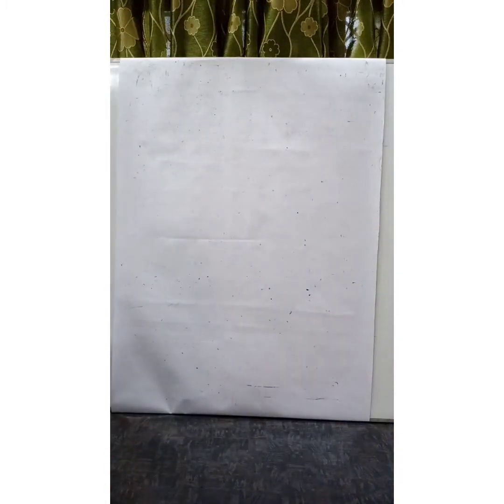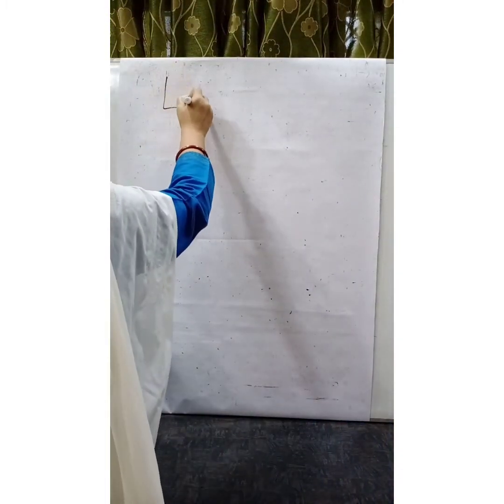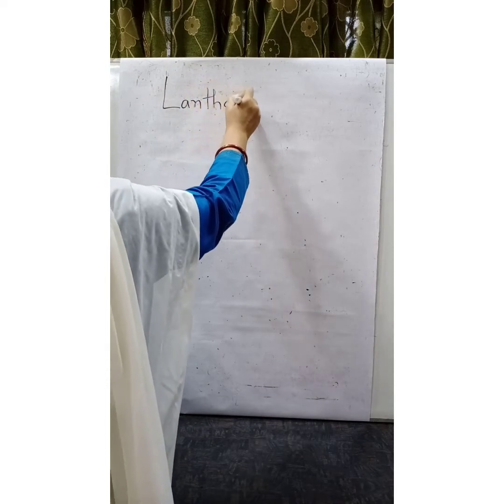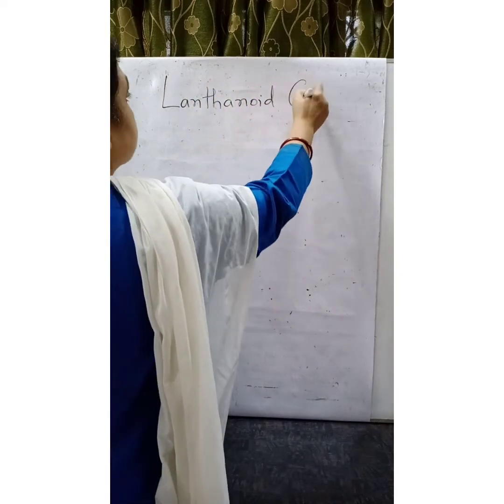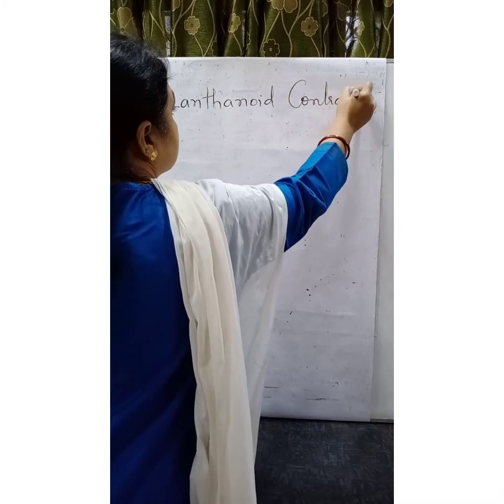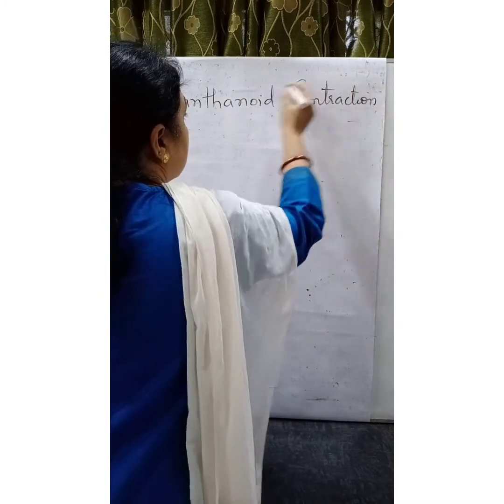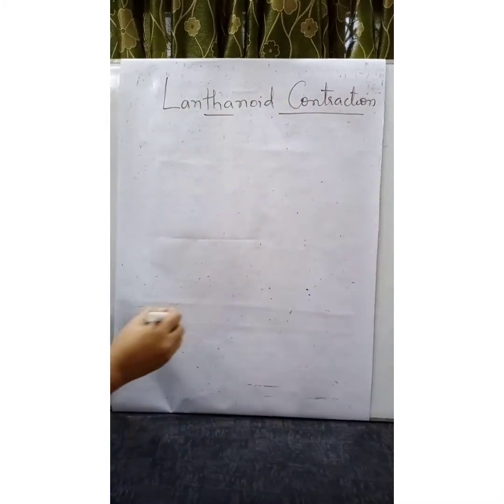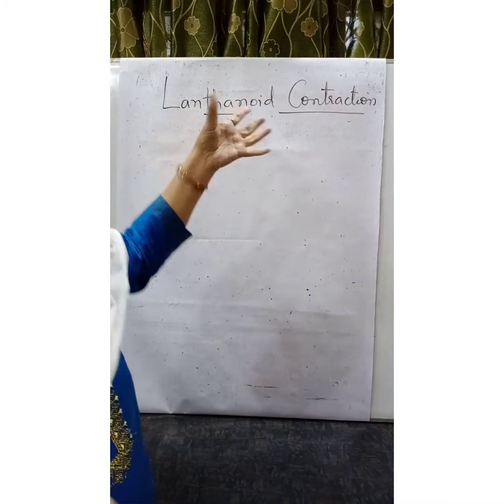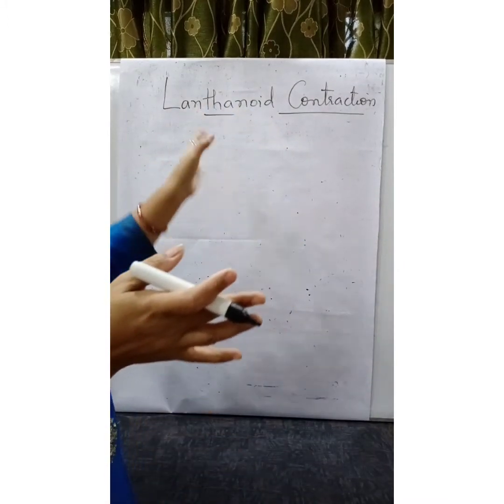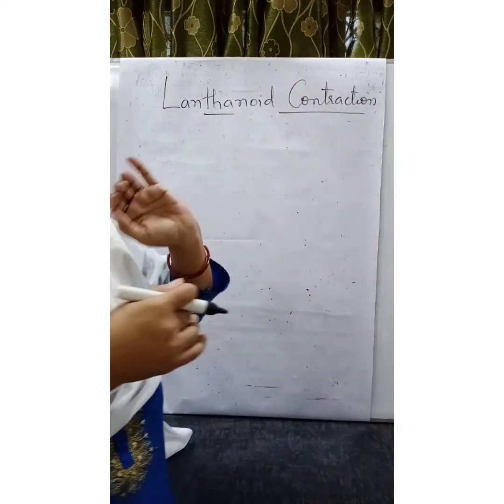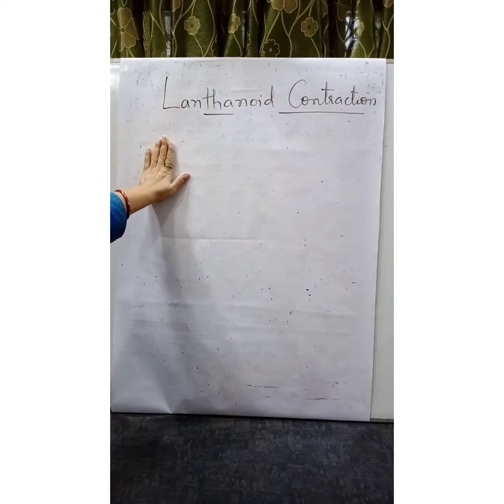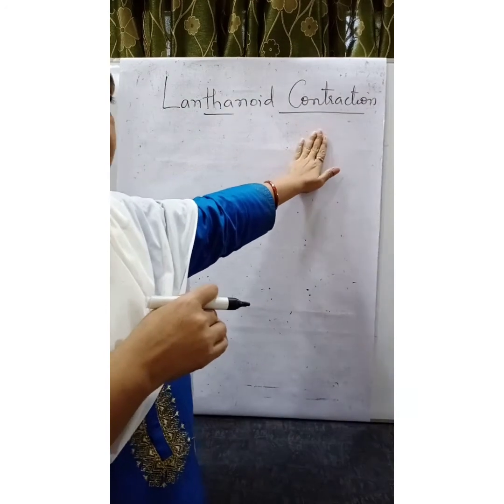Today we will study about lanthanoid contraction, its causes and consequences. First of all, how do we define this term lanthanoid contraction? The decrease in size of atoms across the lanthanoid series is termed as lanthanoid contraction.